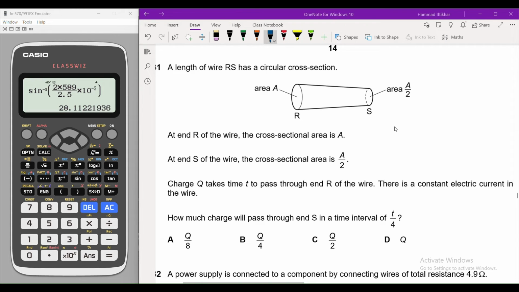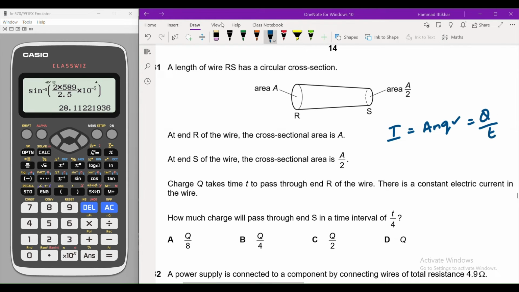Okay, so we know that I is directly proportional to cross-sectional area, and also the charge basically, A and Q, right? So if we write the full form, that is equal to this. And we also know that this is equal to total charge over total time.